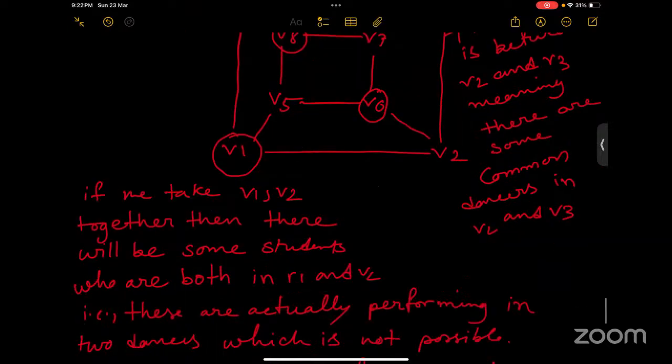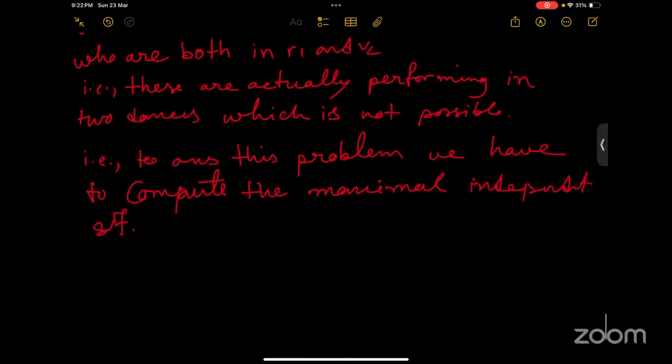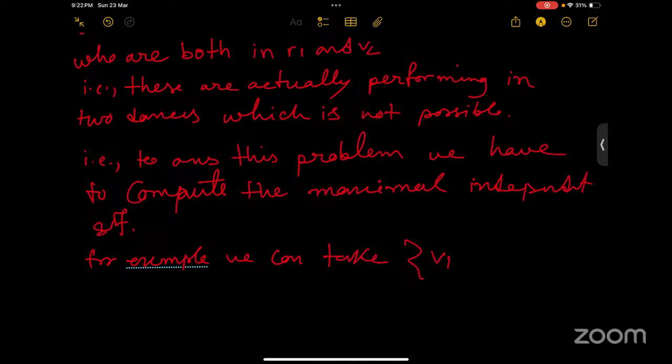Okay. For example, we can take V1, then V8, V3, and V6, right?